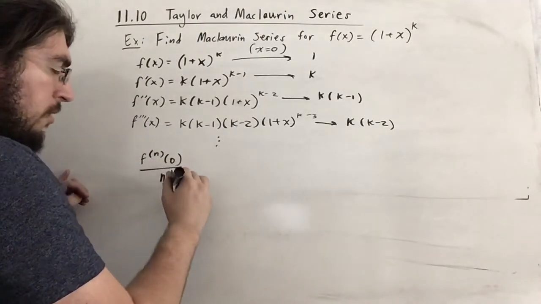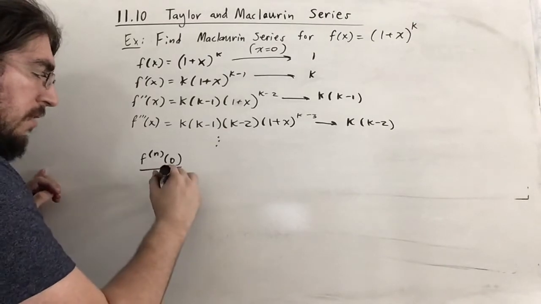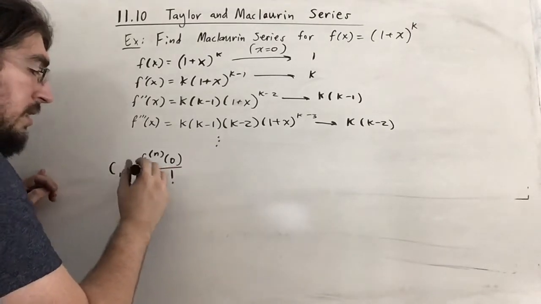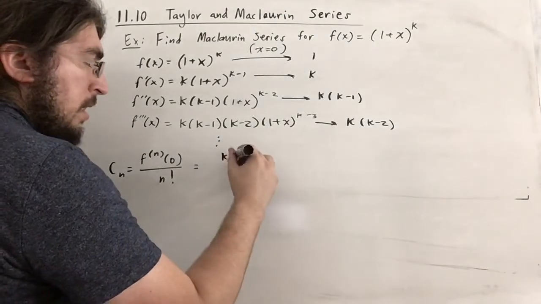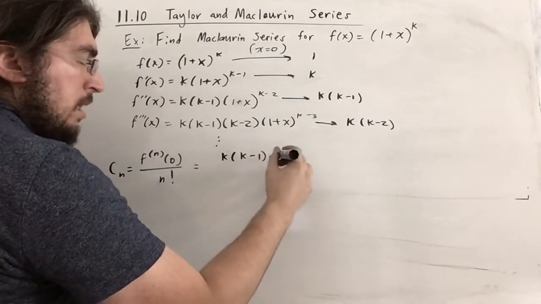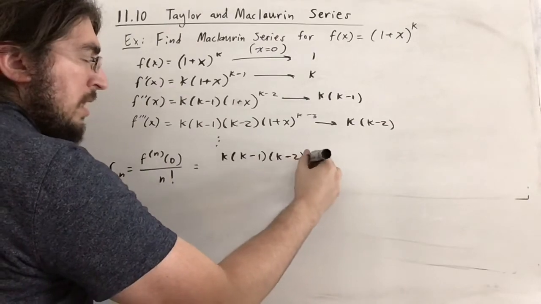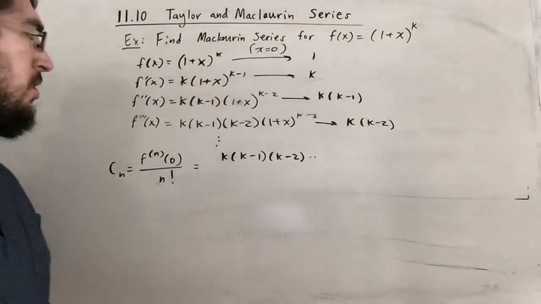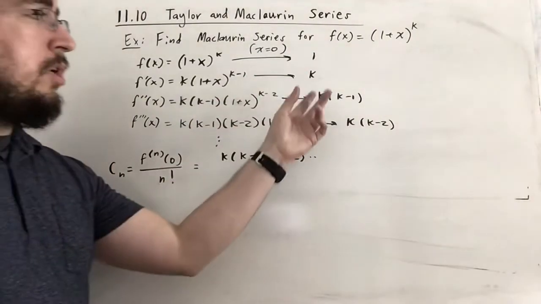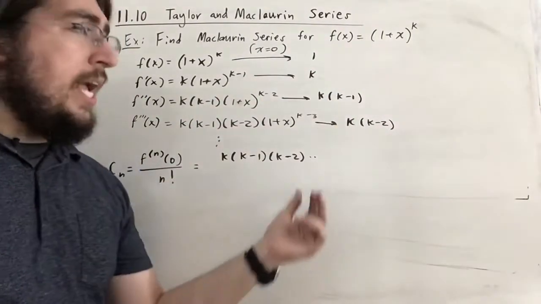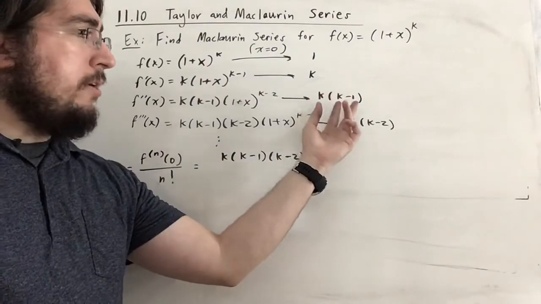divided by n factorial, so I'm just kind of cutting to the chase here as far as our coefficients go, c sub n, is, well, it's going to be k times k minus 1 times k minus 2, and then I guess we have to go up to the second to last one, so kind of think of what's going on here. So this is basically starting a factorial for k, but notice we stop at k minus 1.